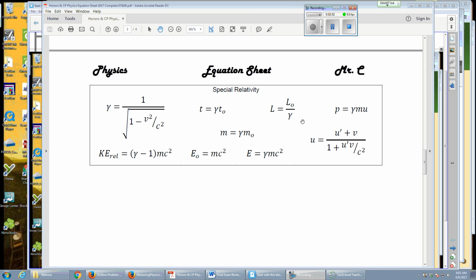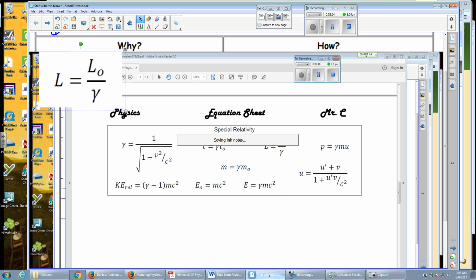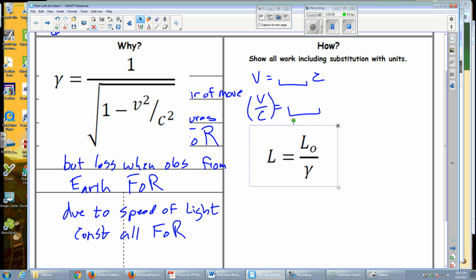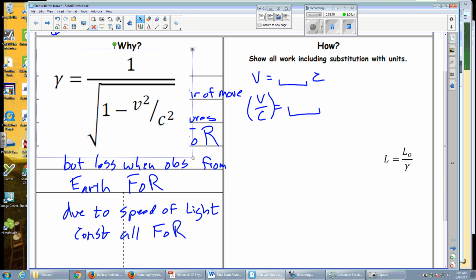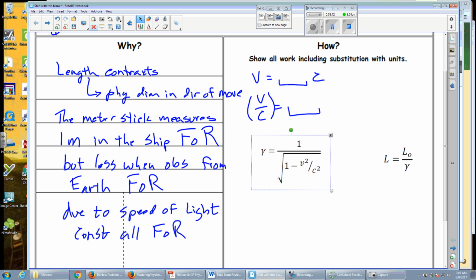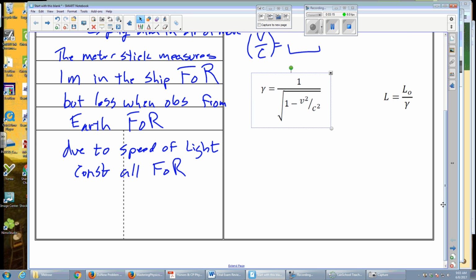There you go. I have my Lorentz transformation here, and I know, how is gamma always related to the number 1?